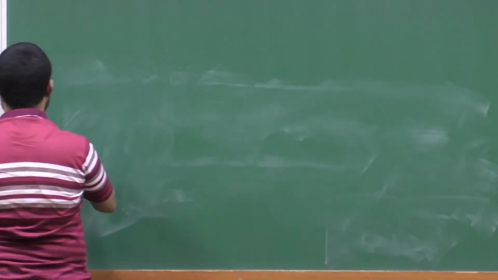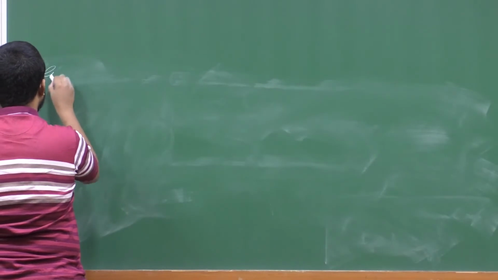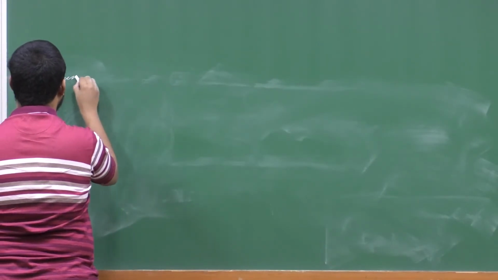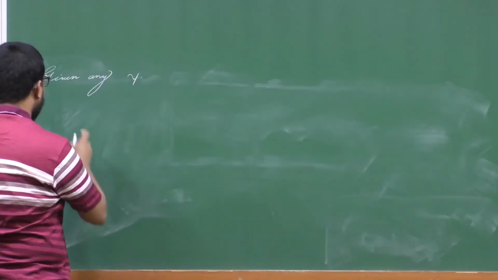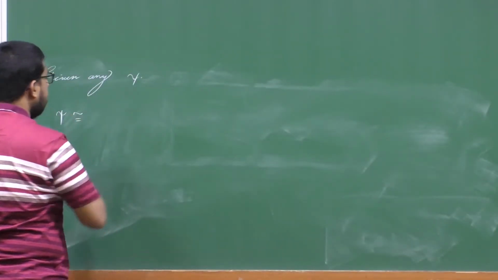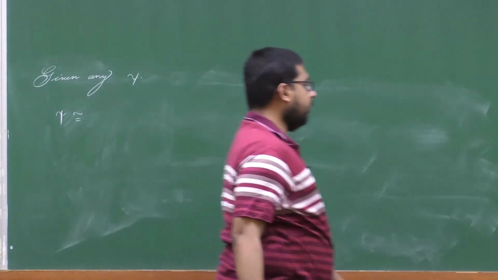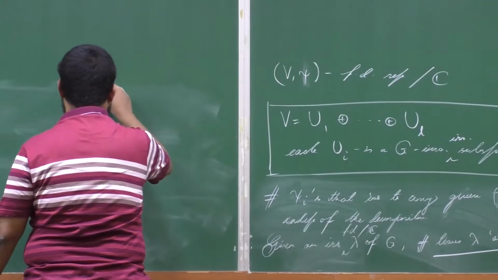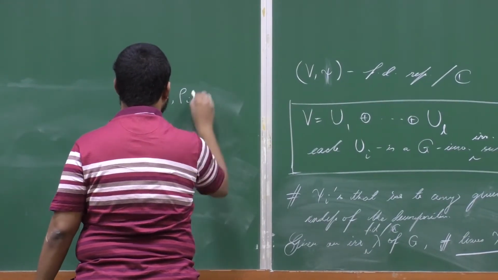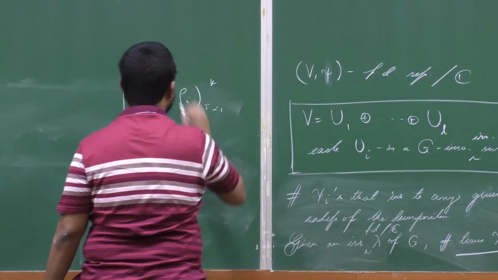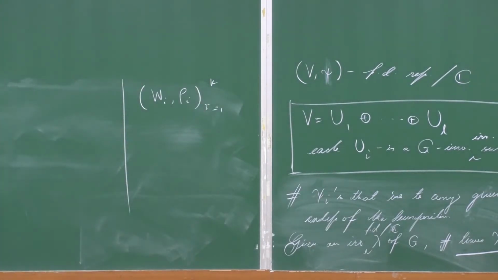Therefore, what we observe is, given any representation psi, psi has to be isomorphic to the following. First we recall that we have already chosen these as all our distinct, non-isomorphic irreducible representations.